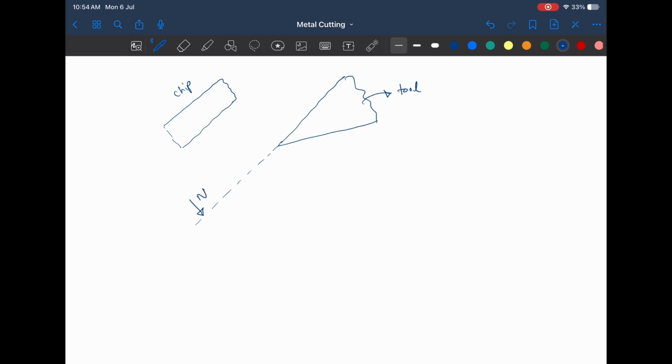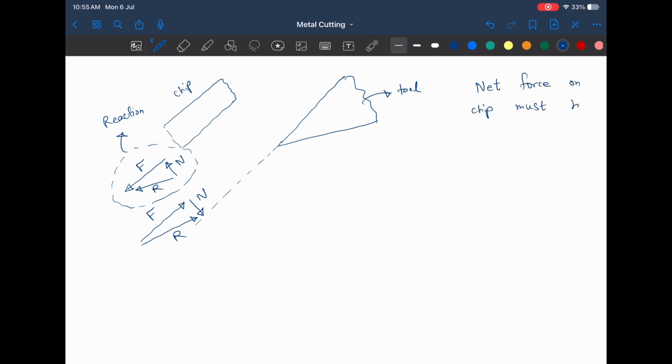N on the tool, friction along the flow of chip, and the resultant reaction force on the chip. So net force on the chip must be 0.